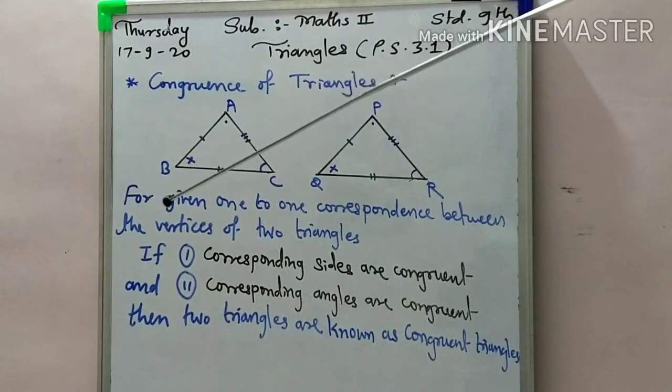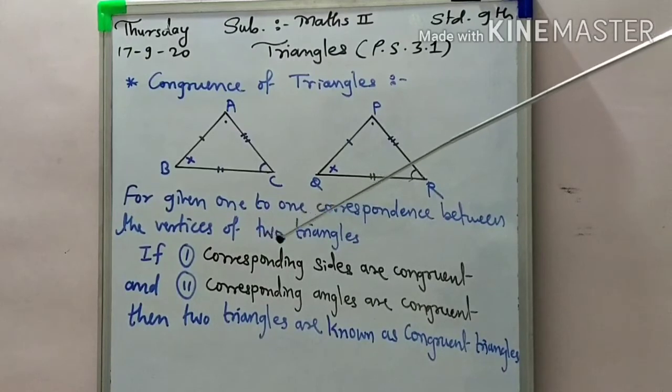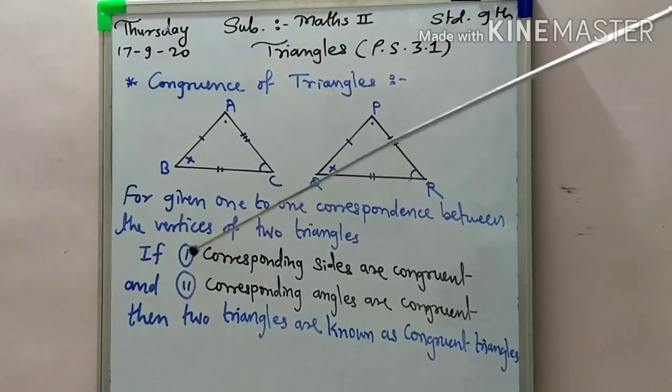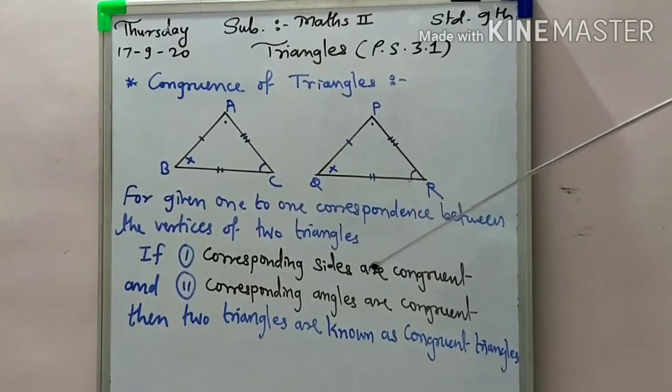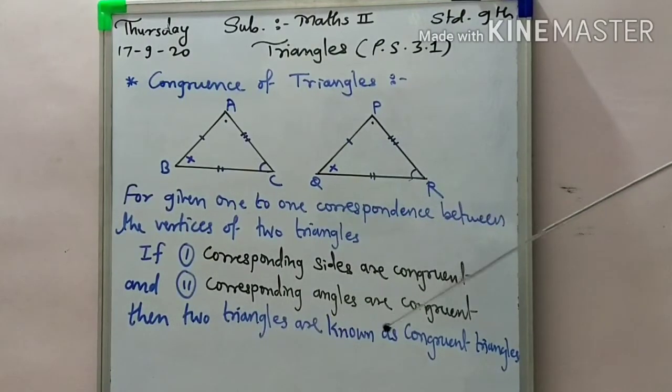The definition is: for a given one-to-one correspondence between the vertices of two triangles, if two conditions are satisfied, that corresponding sides are congruent and corresponding angles are congruent, then the two triangles are known as congruent triangles.